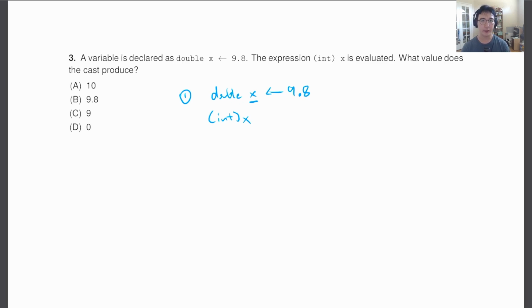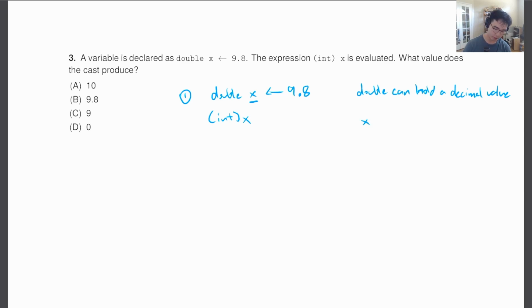Depending on the programming language, it really depends, but what you can know is that a double can hold a decimal value. Okay, that's the key. And inside, we're going to assign this variable x the value 9.8.